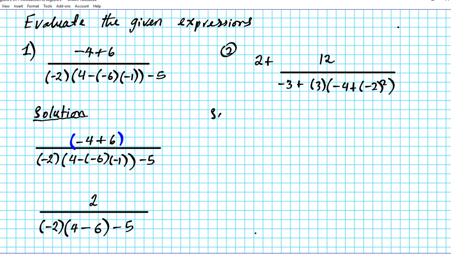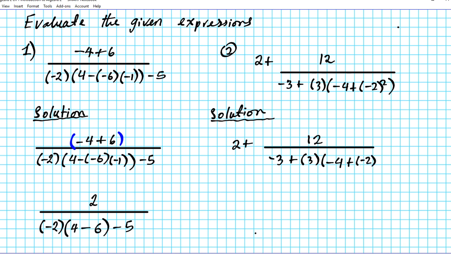All right, let's go ahead and evaluate that expression. Now, to evaluate this expression, we're going to apply the order of operations, okay? So we have 2 plus here, and then 12 over the denominator, which is negative 3 plus 3 times (negative 4 plus negative 2) squared.